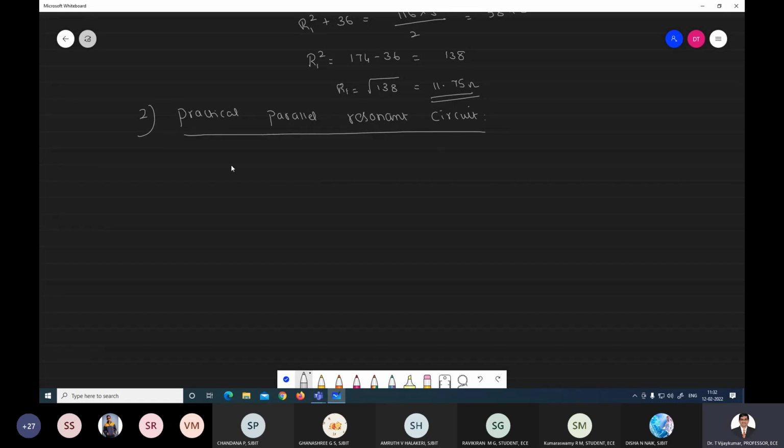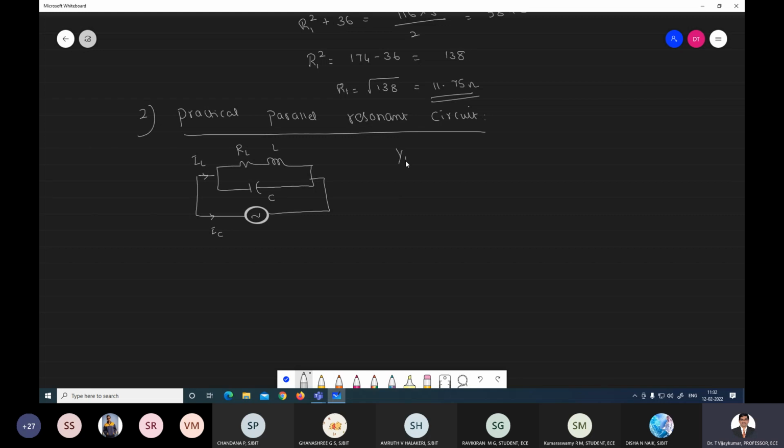Here it contains one resistance and inductance, and one capacitance, and it is connected to a voltage source. This is the voltage source. Here it is IL, and this is IC, and this is your RL, and this is the L, and this is a C.